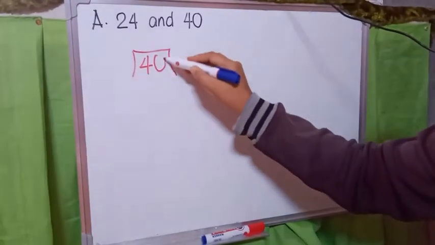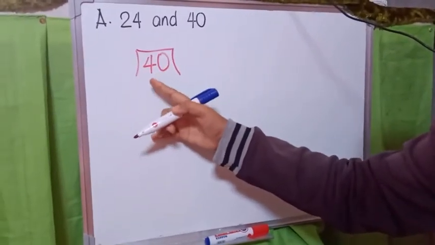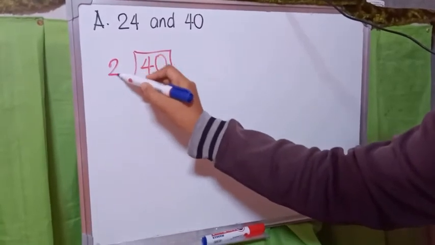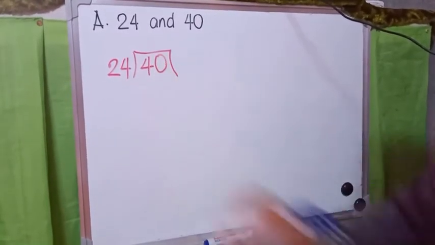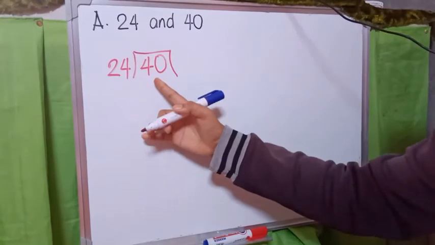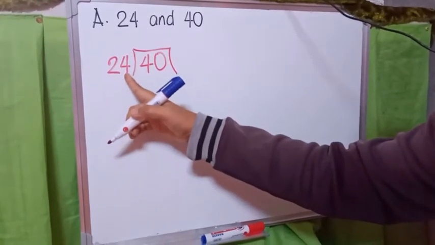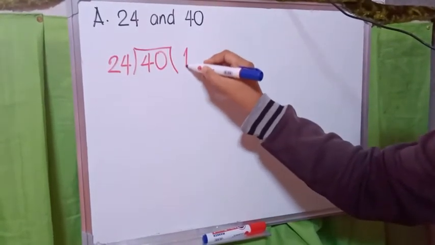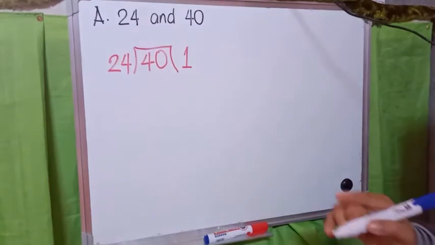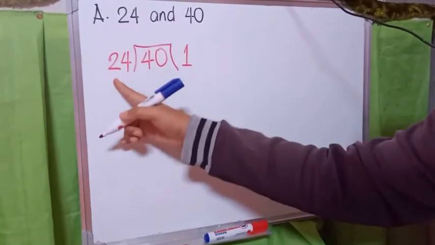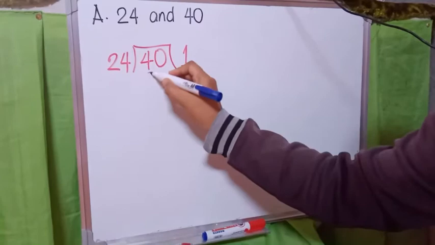So we divide 40 by 24, that is 1. We put it beside our 40. So 1 times 24, that is 24.